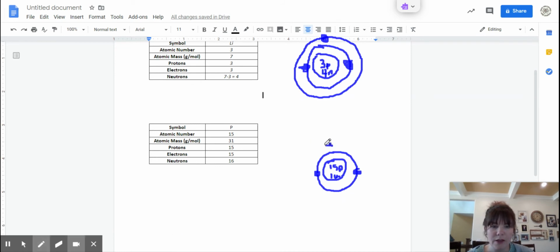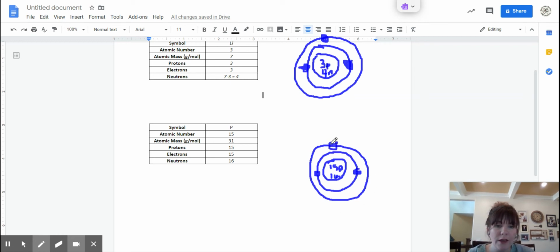On any level after the first one, you're only allowed 8 electrons. Kind of think of it like apartment living compared to living in suburban. In apartment living, you're really tight and close together. That's our very first level. Only 2 people can fit. Now we need to put people in the bigger houses. So I have 2. I can put a maximum of 8 on here for a total of 10.